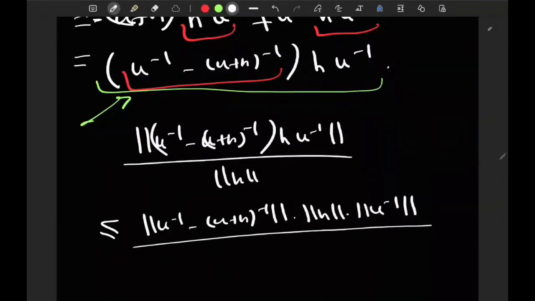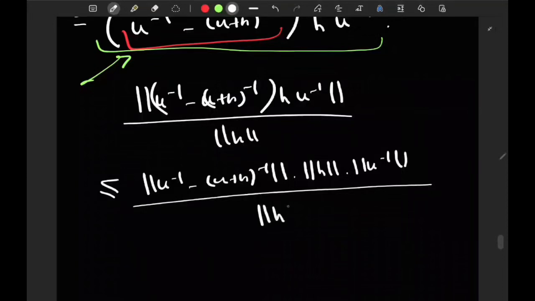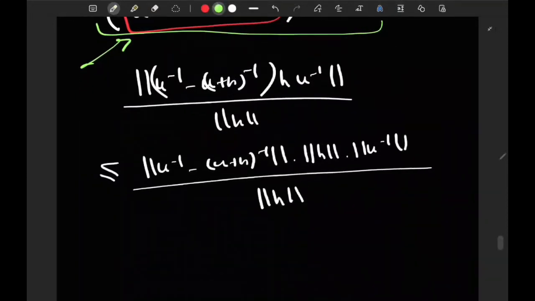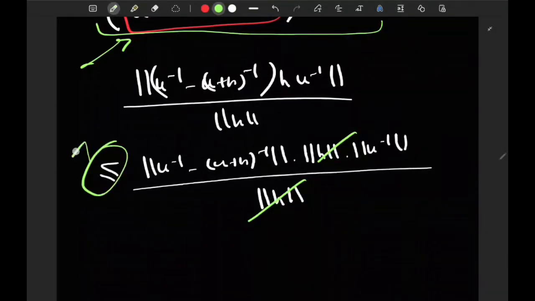divided by the norm of H. You can say that this is less than or equal to this, and this will work, and I will explain why in a bit. Norm of H times norm of U inverse divided by the norm of H. Now we just cross out the norm of H. For this inequality, I'm going to explain in a bit.